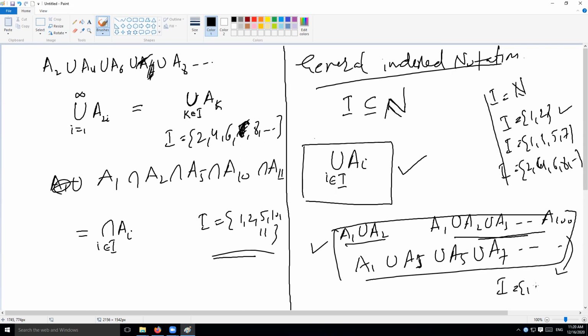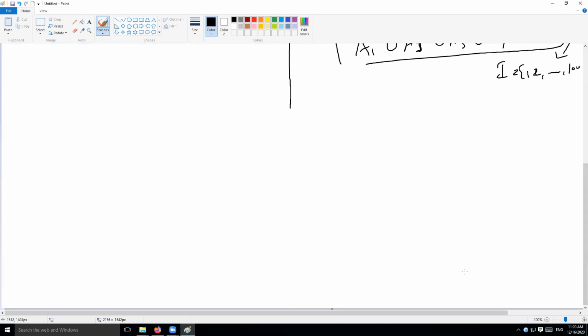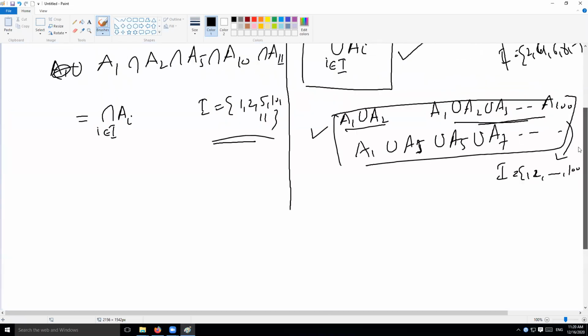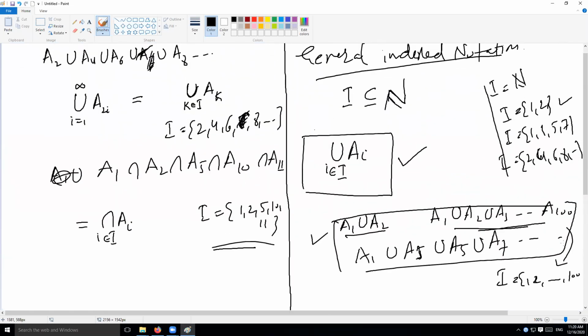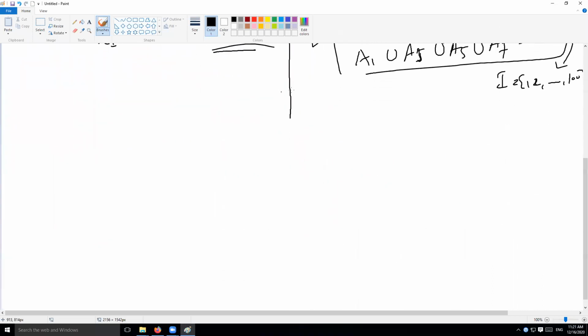If I take 1, 2, up to 100, I can write this entire union in such a form. So this is really the very generalized way to write unions and intersections actually.